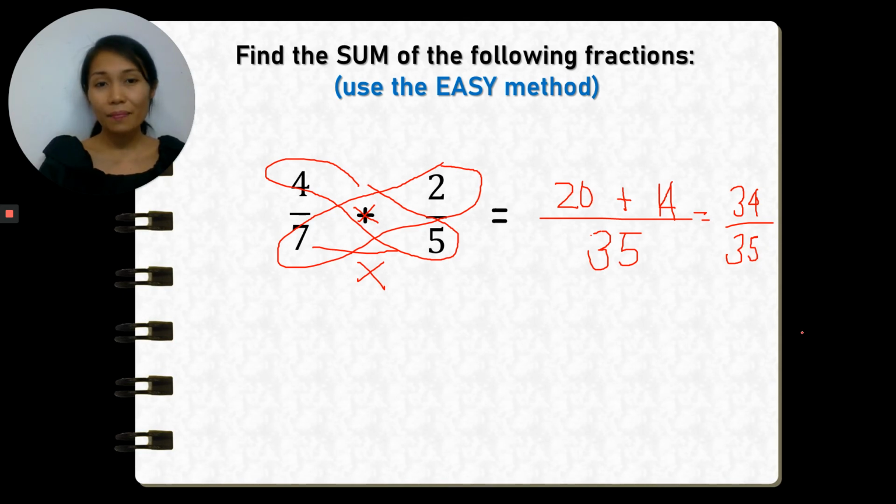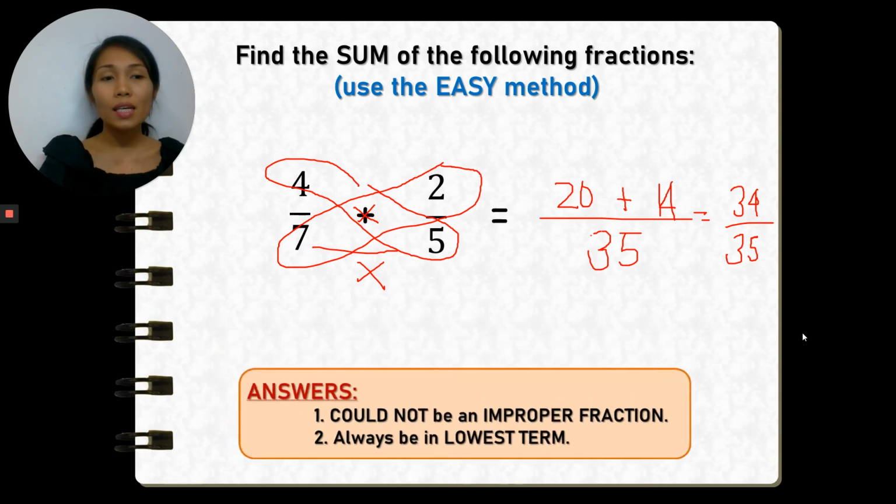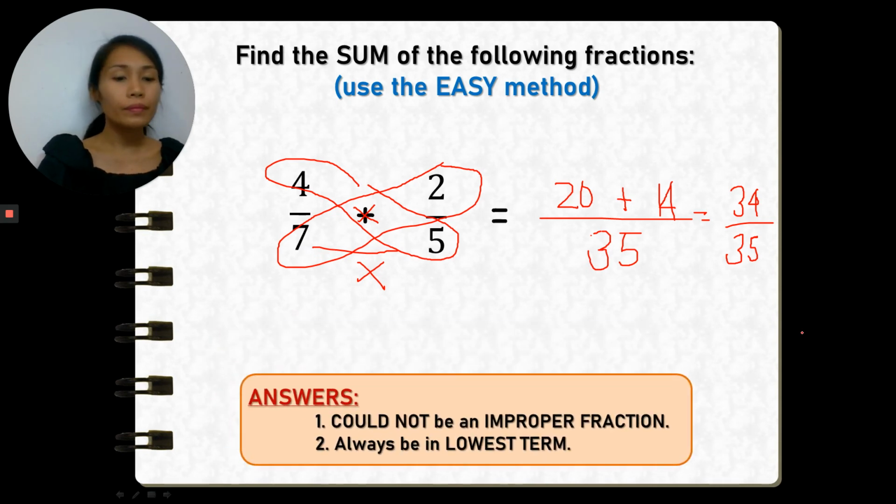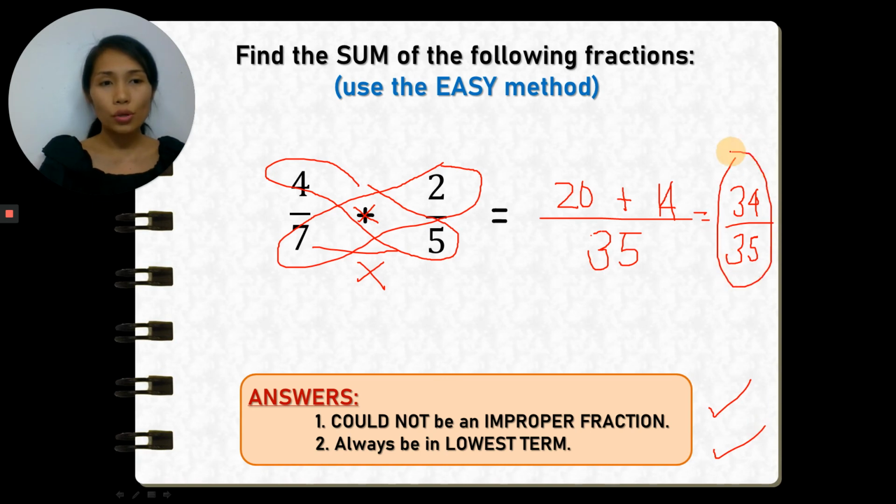Easy, right? Okay, so that's how you use the easy method in adding unlike fractions. That's the cross multiplication method. All right, since it's a proper fraction and it's in lowest term, then that's our final answer, 34 over 35.